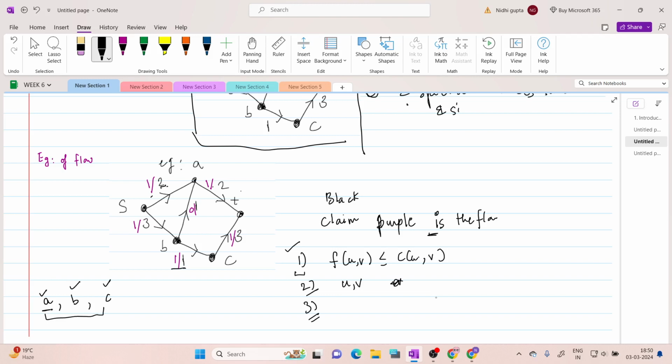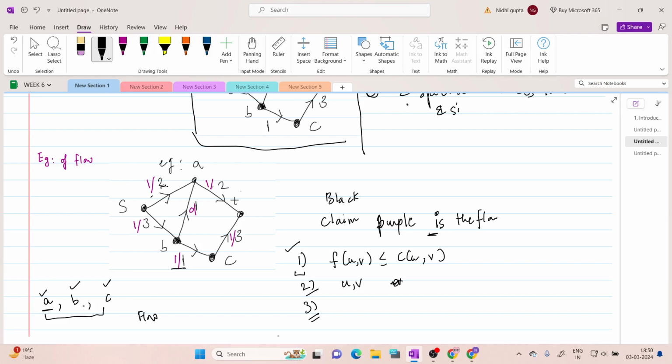So is the conservation law for A satisfied? What do you think? Basically you have to check that the flow coming into A should be equal to the flow going out of A. Is it satisfied? Yes. Why? One is coming and one is going out of A. Coming is 1 plus 0, which is 1, and going is 1 also. So this is done.